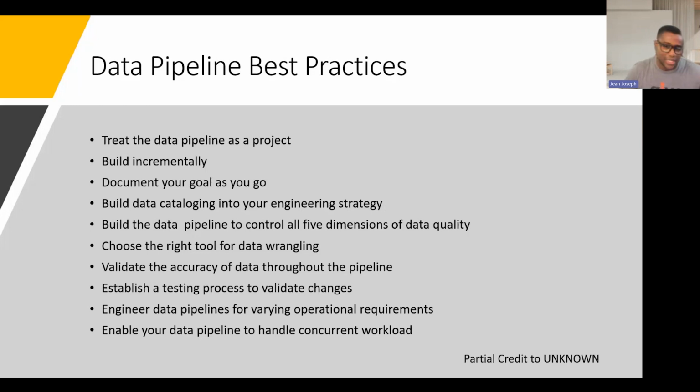Engage stakeholders regularly to ensure the pipeline aligns with business needs, right? Building incrementally with a modular design allows for independent testing and deployment of components, while a version control system like Git facilitates collaboration and change management, right?